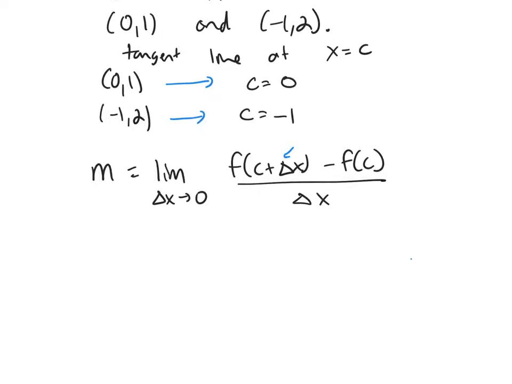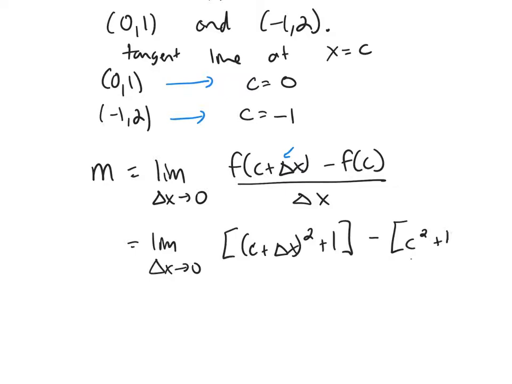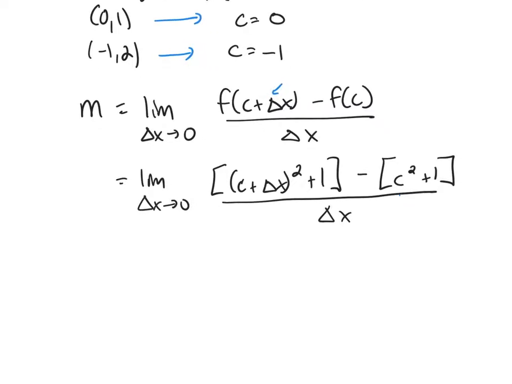So this will become the limit as delta x goes to 0, (c plus delta x) squared plus 1 minus (c squared plus 1) all over delta x. And now I'm going to need to FOIL that out.